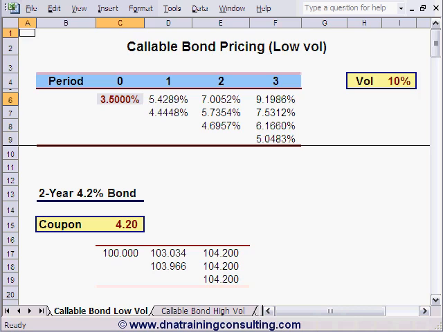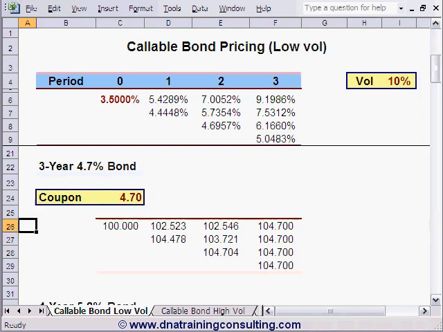As you can see, therefore, the pattern appearing here indicates a normal, i.e. upward sloping, par curve. Our last assumption appearing in cell I4 is that the future volatility of the 1-year zero coupon rate will be 10% annualized.